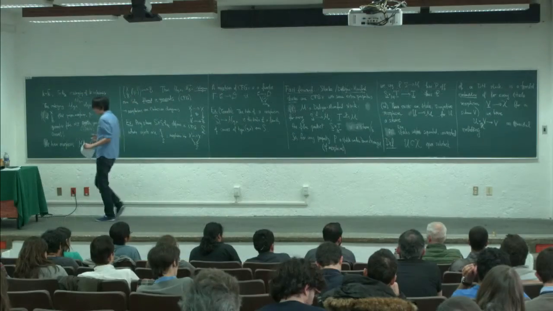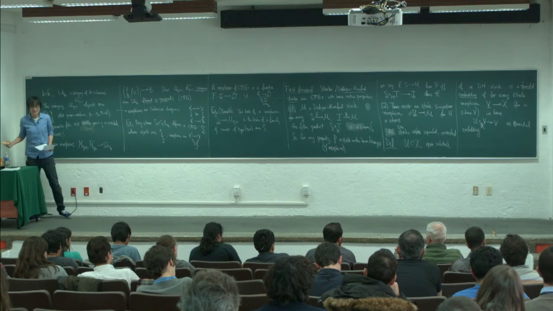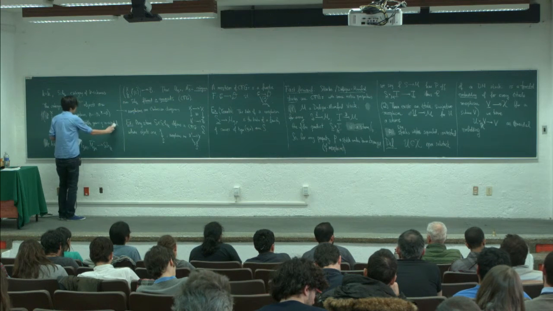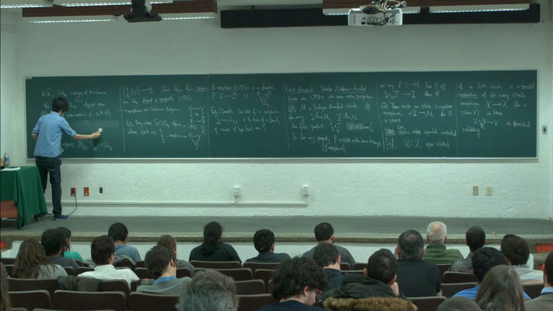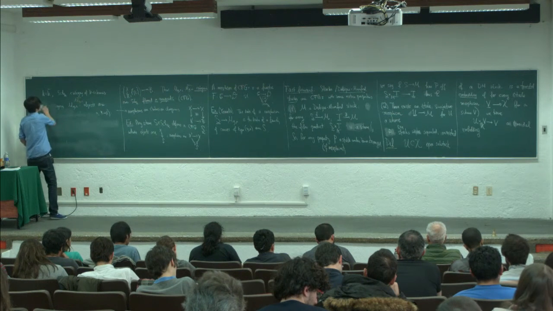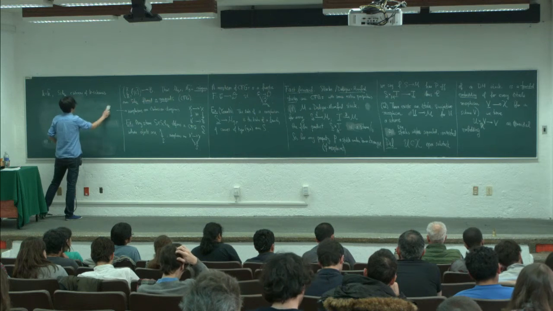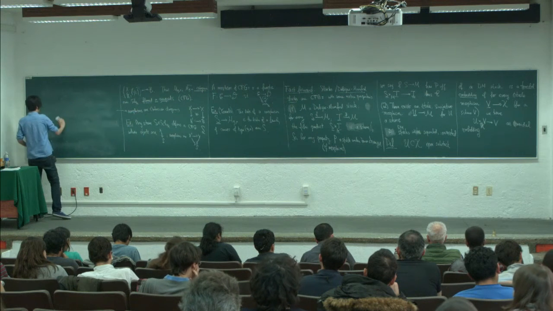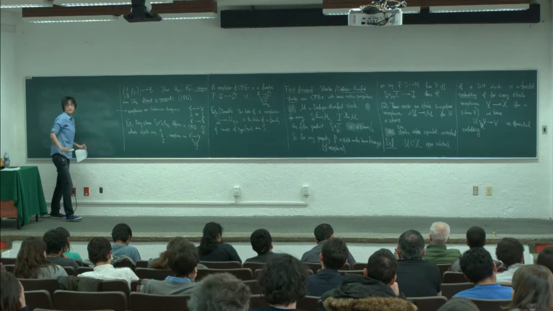Basically, up to passing to étale covers, we have a toroidal embedding of schemes. That's all.